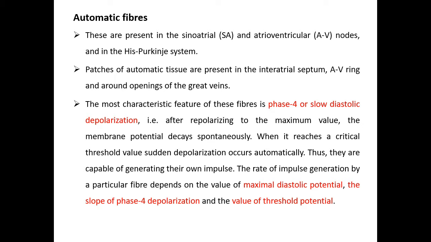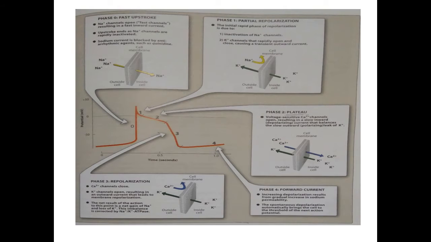In this figure you can see that in phase 0 there is a fast upstroke, with sodium intake that brings about rapid depolarization. This is followed by the blockade of sodium intake and potassium outflow in phase 1, when partial repolarization occurs.